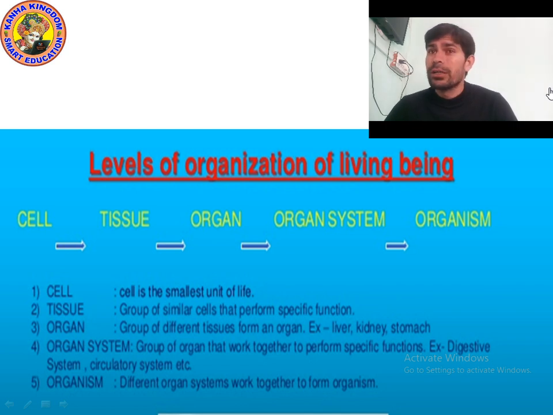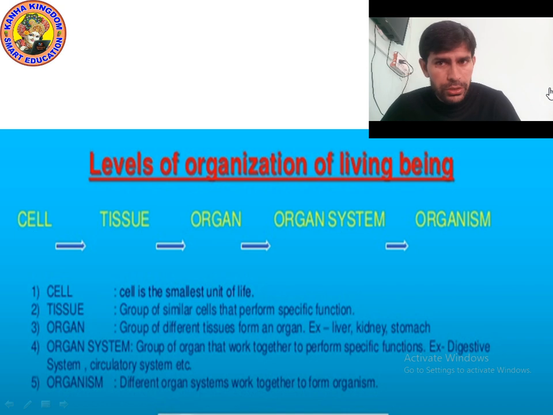Group of different organs which perform a fixed function together, like digestive system, circulatory system, skeletal system, respiratory system, nervous system. There are many types of organ system. So what is cell? Cell is a basic structural functional unit of living organism.